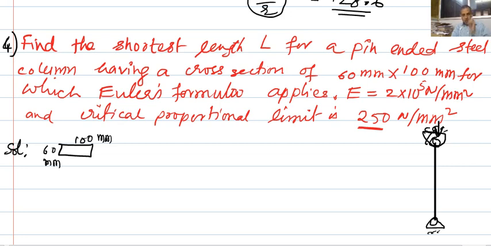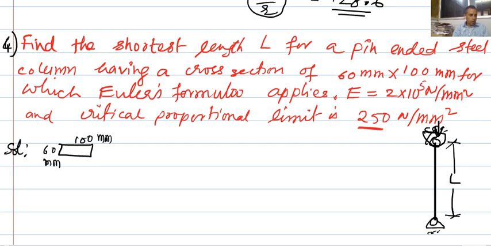Okay. So now he is asking for the shortest length. What will be the length for which the critical proportional limit is 250? It is not going to cross beyond this.